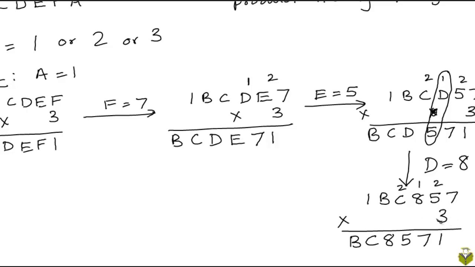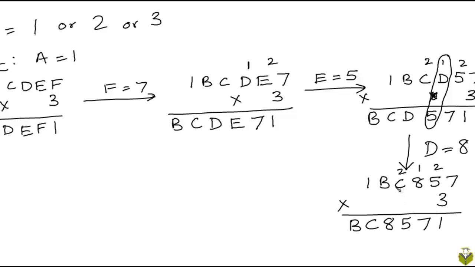So in the multiplication table for 3, what number should we multiply by 3 to get a 6 in the units place? Well, C can be 2, for example. 3 2s are 6. And in fact, that's the only possible option if you want a 6 in the units place. So let's put C equal to 2.